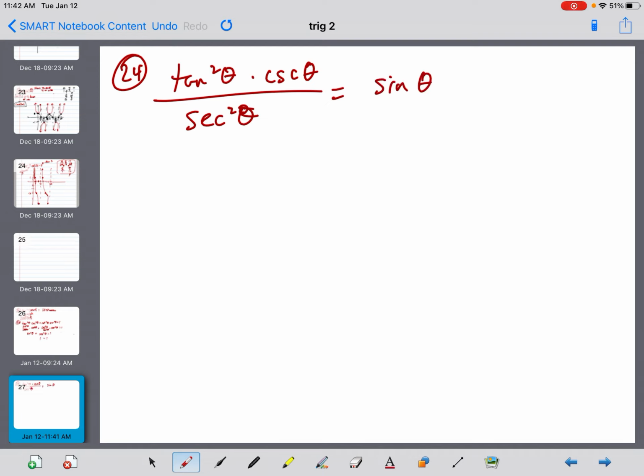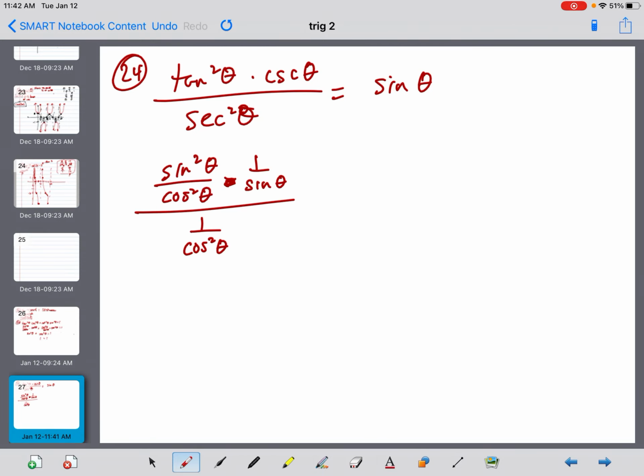So we're going to rewrite everything in terms of sine and cosine and see what we can get to cancel here. Tangent, remember, is sine over cosine. Since that's tangent squared, we're going to go sine squared theta over cosine squared theta. Cosecant is 1 over sine. So 1 over sine theta. Now, secant squared theta at the bottom is 1 over cosine squared theta.